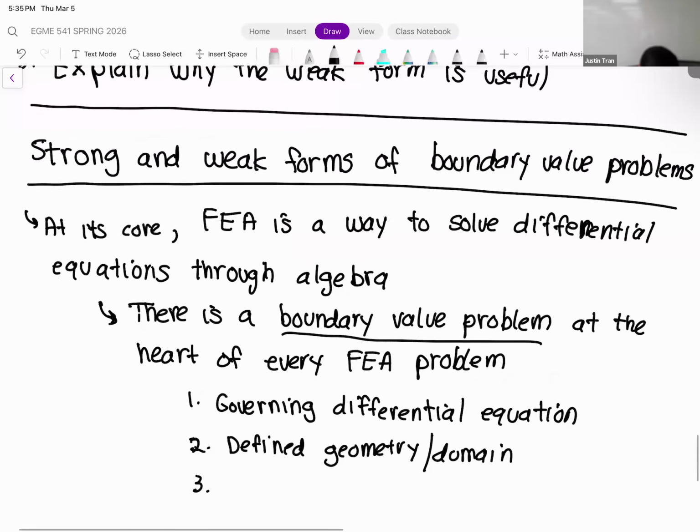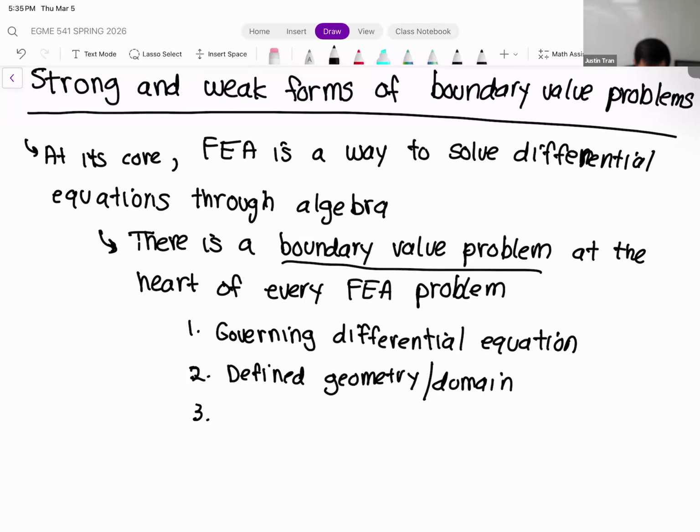And number three is boundary conditions. We've talked extensively about boundary conditions at this point in the class. Boundary conditions basically tell you the behavior of your solution, or any external effects that are going to affect your solution, at the extremities of your domain.